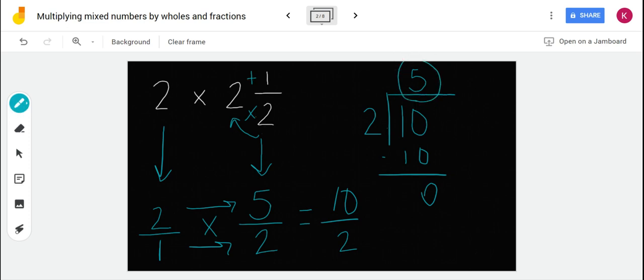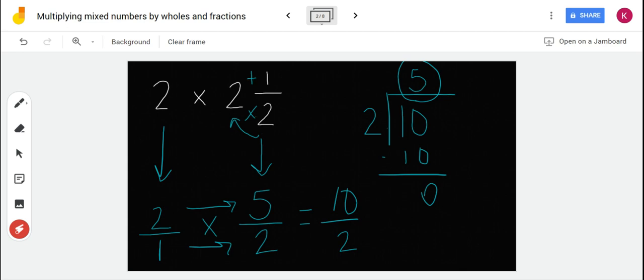Now, when I asked you to think about in the beginning what you thought this answer might be, I want to make sure that you do not do this number times this number. Because if you did the whole number of 2 times this whole number of 2, you would get 4. But then what do you do with that half? Do you just tack it on the end?